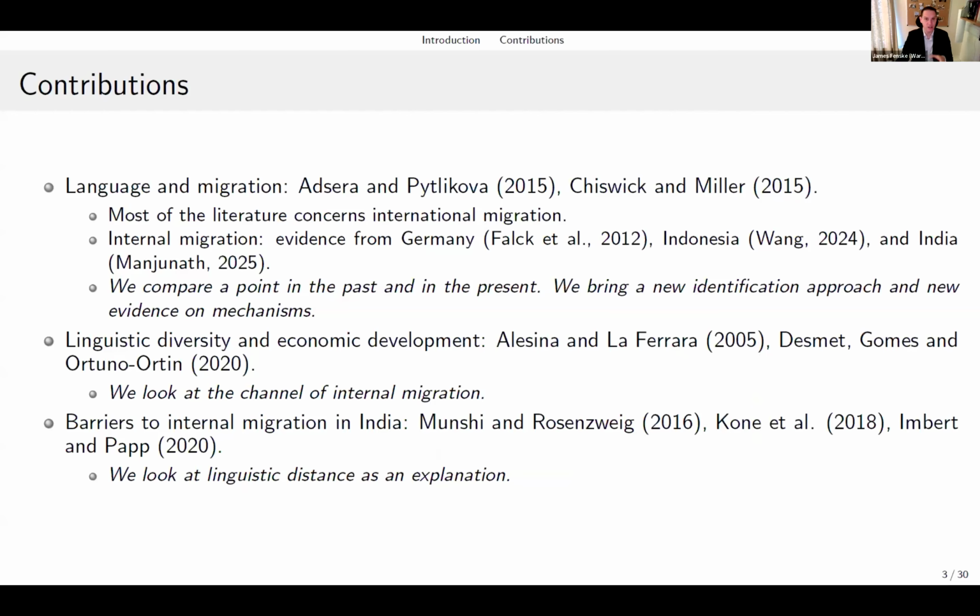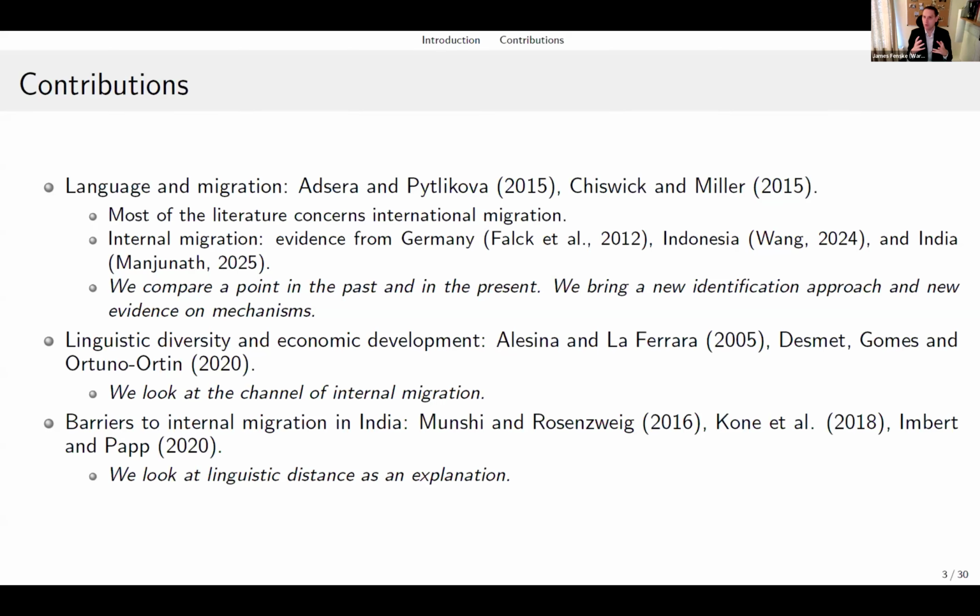So conditional on us telling you that, what do I think we're telling you that you haven't seen before? Well, as I said, we are not the first paper in economics to think about language and migration. But a lot of the literature out there focuses on international migration and often on richer countries.